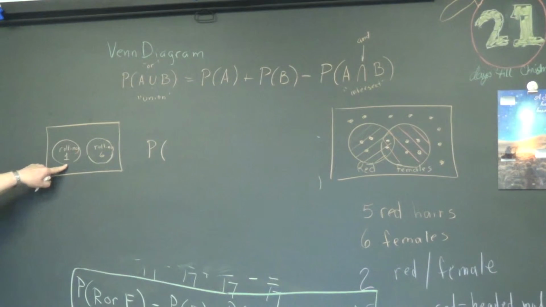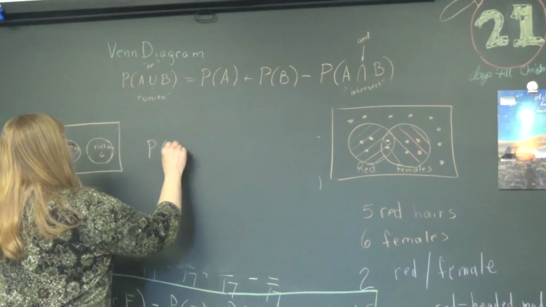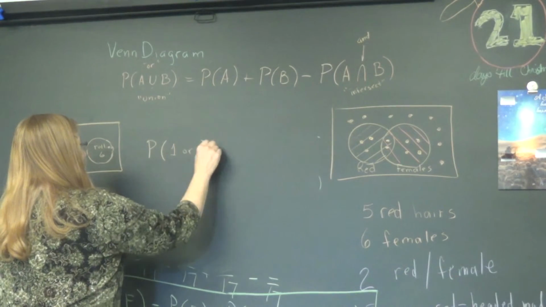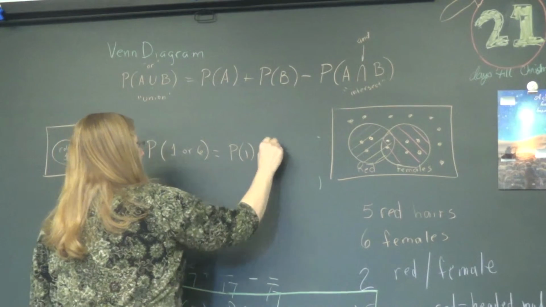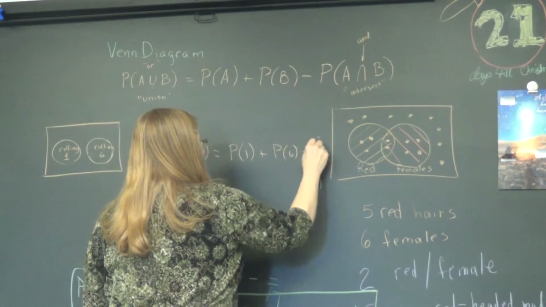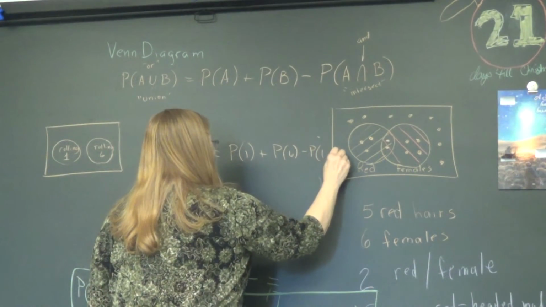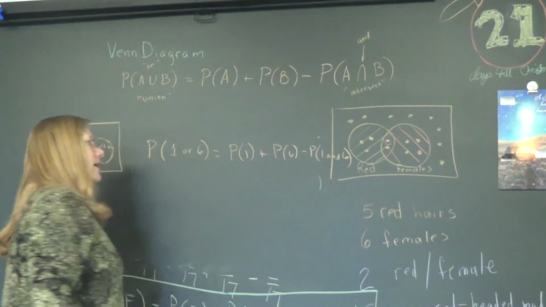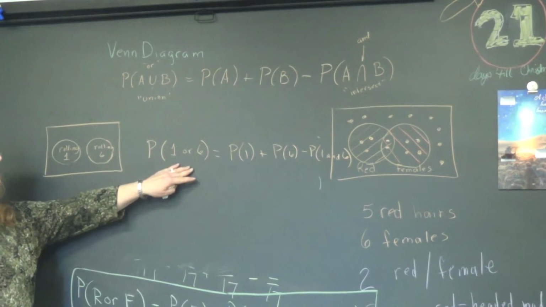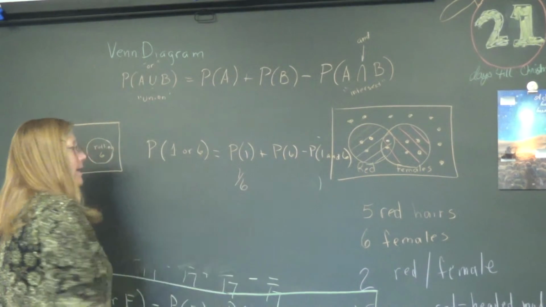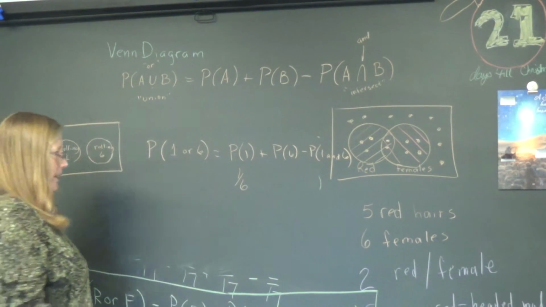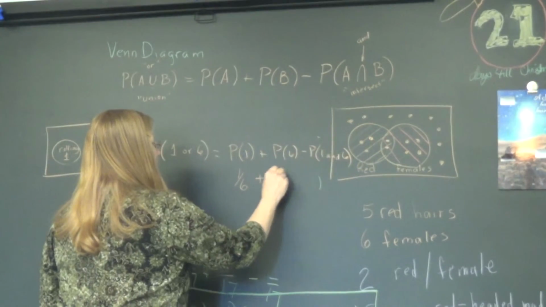So, what's the probability of rolling a 1 or a 6? We're wanting to see if this formula works. The probability of rolling a 1 on one die is 1/6, and the probability of 6 is 1/6.